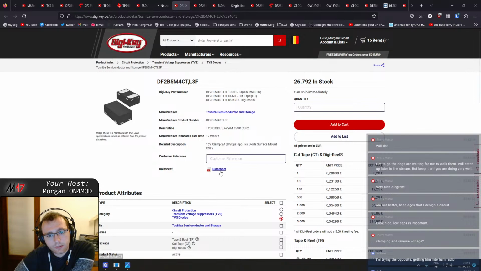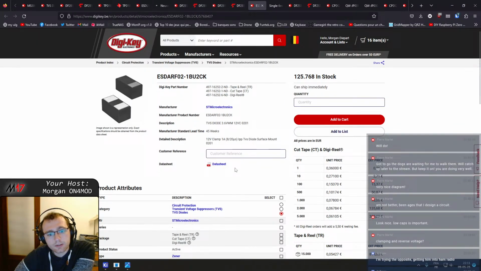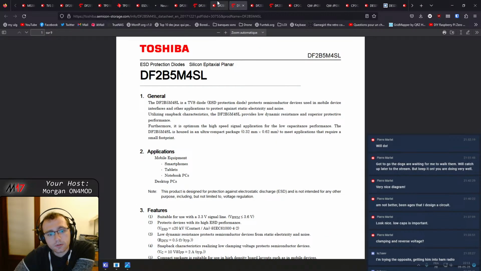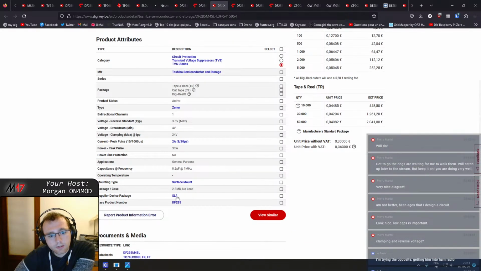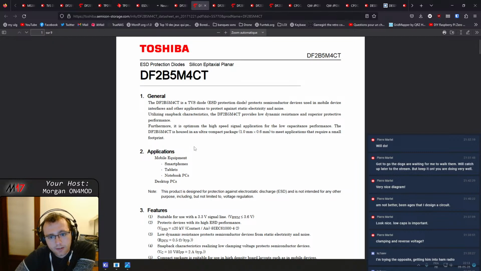I have no idea what it is. Let's prepare that one. That one is too small. And this one is SL2. Yeah, SL2 is the same as this one. It's too small, I guess.